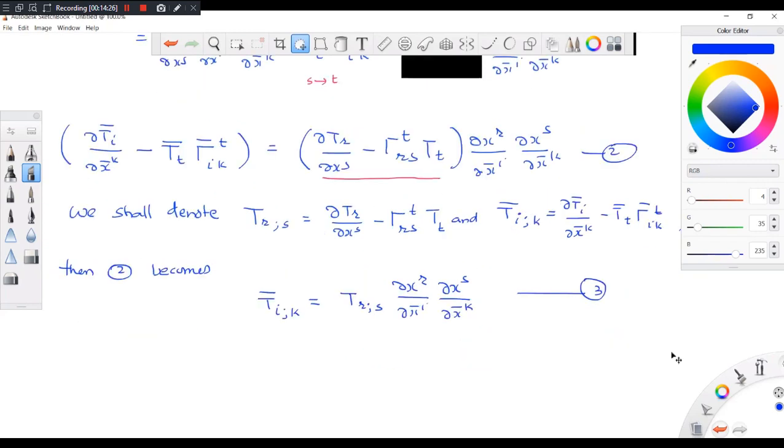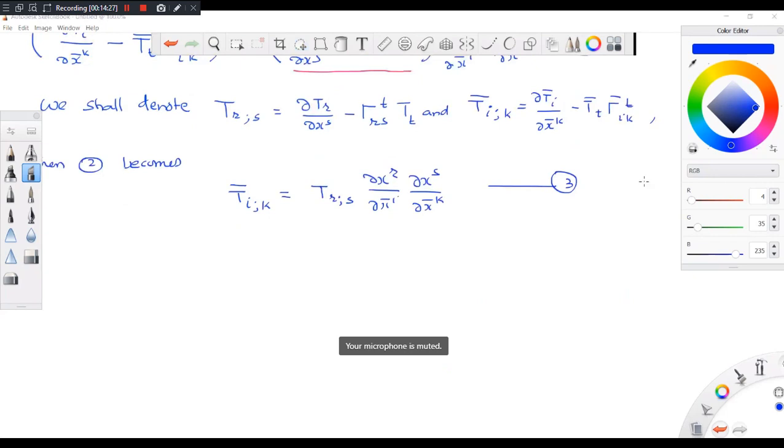So now if you look, this quantity is transforming like a covariant tensor of rank 2. Okay, so I just write down the expression.